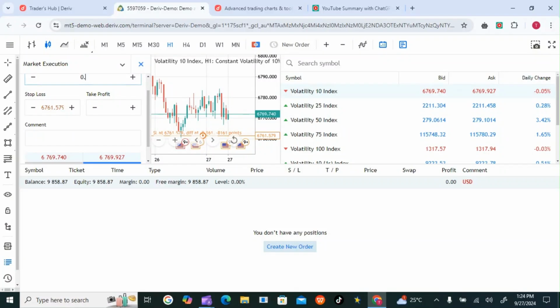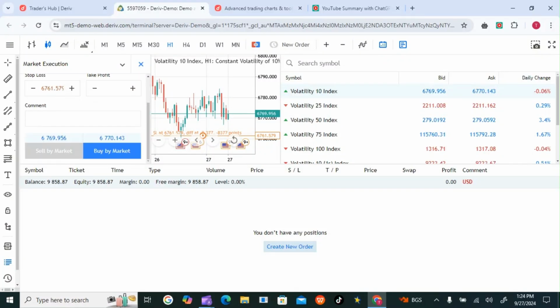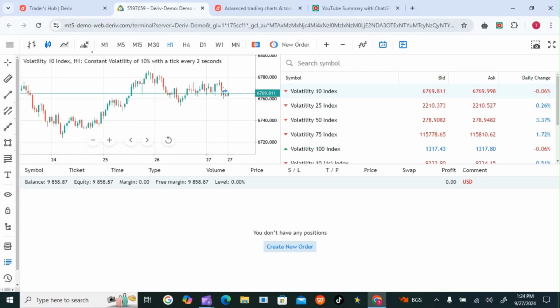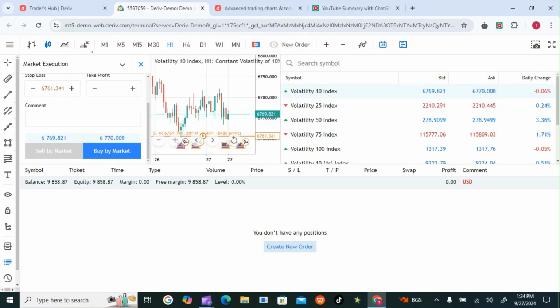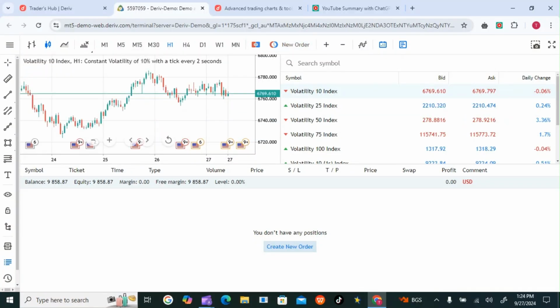The only amount you can use now is 0.5. So I want to come and trade that, and I want to sell.